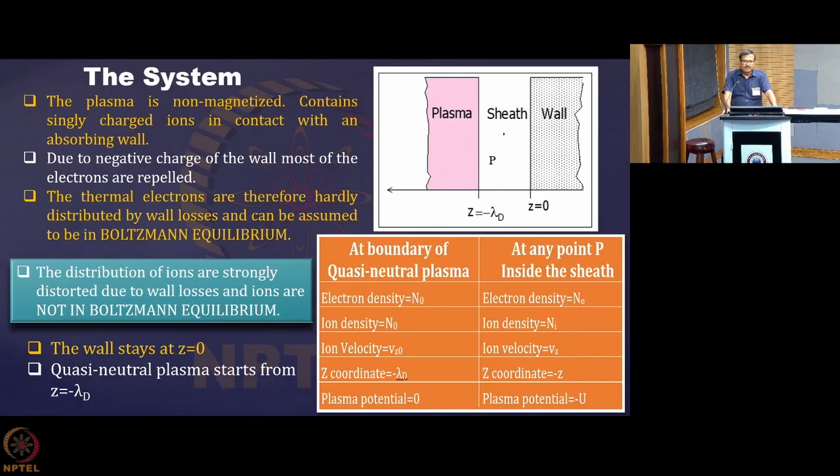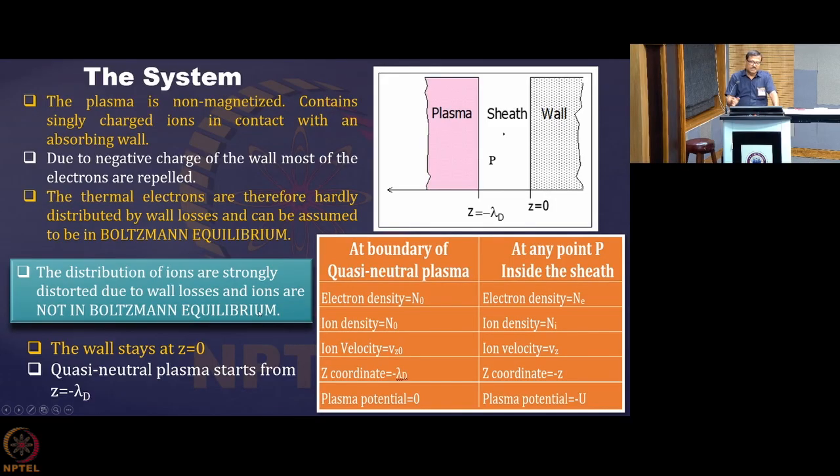Now, the thermal electrons are therefore hardly disturbed by the wall losses and can be assumed to be in Boltzmann equilibrium. So, this is for the electrons. But the distribution of ions is strongly distorted due to the wall losses, and ions are not in Boltzmann equilibrium.